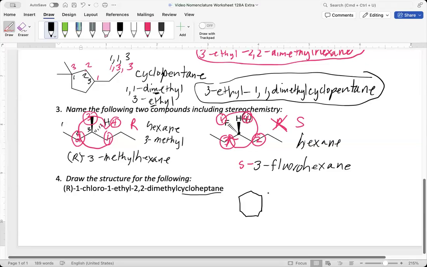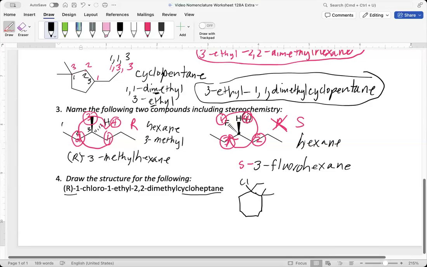So I'm going to put the chloro in, and I'm going to put the ethyl group in. And then the last thing that I'm going to do is put the methyl groups in. Actually, that's not the last thing. And this is the molecule, but it does not yet have the stereochemistry in it.